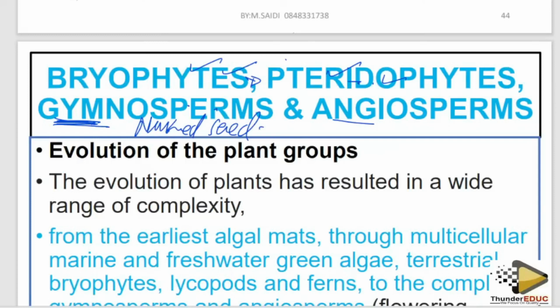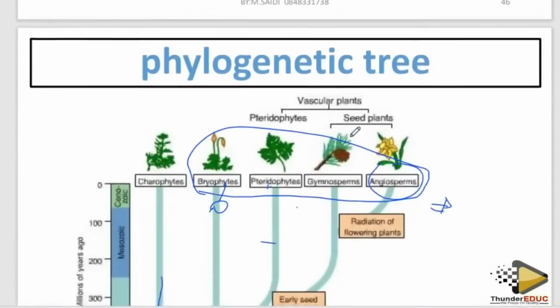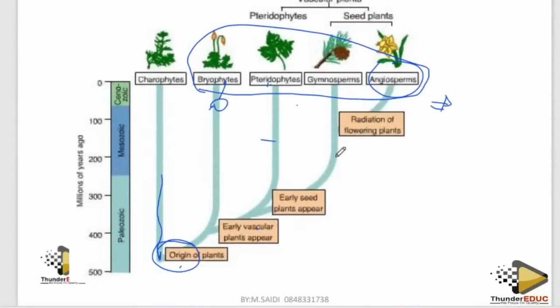So we are saying that you must know the differences among these ones, but don't make a mistake. Can I repeat? Don't make a mistake by not knowing how to use or try questions about a phylogenetic tree, because we will bring phylogenetic trees in grade 12.